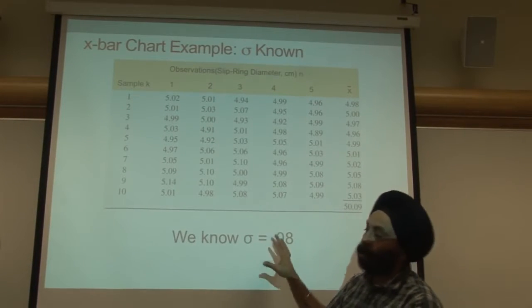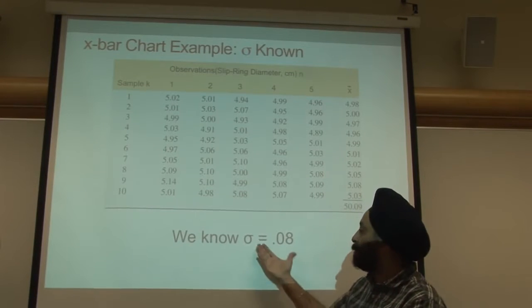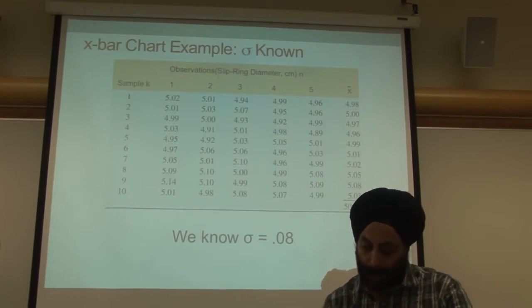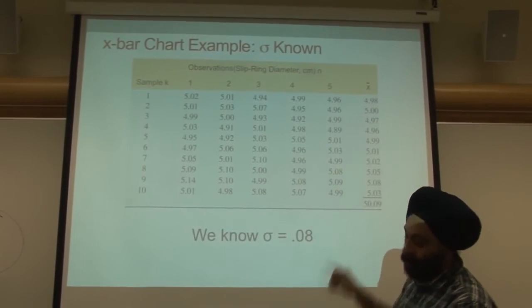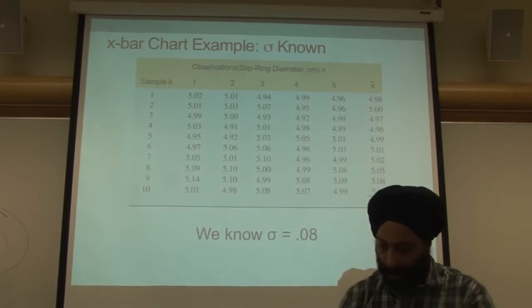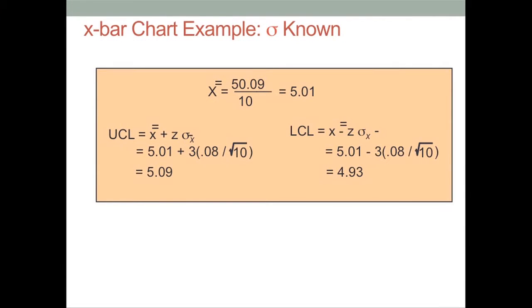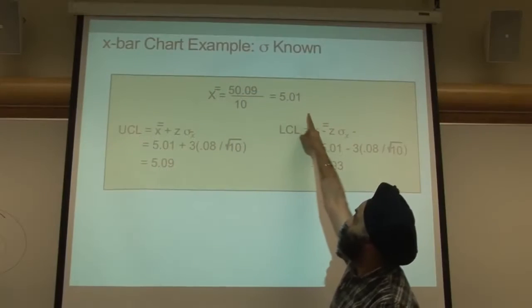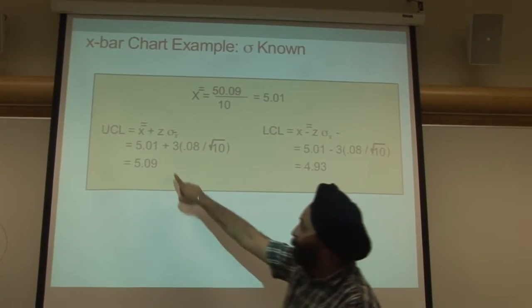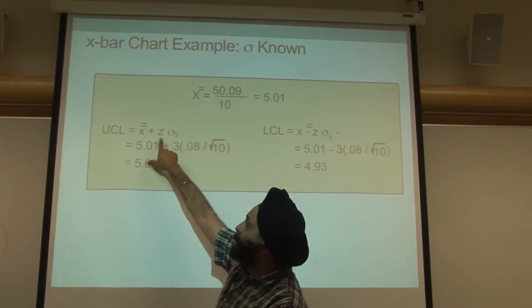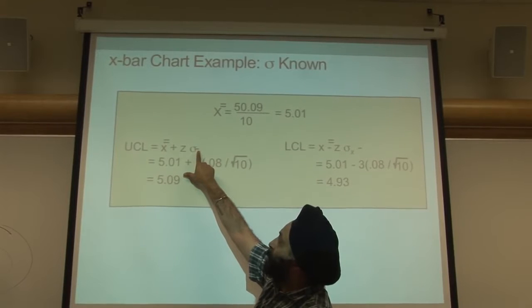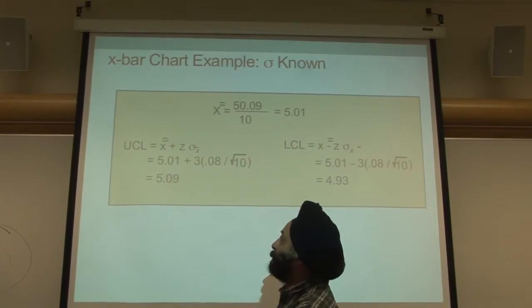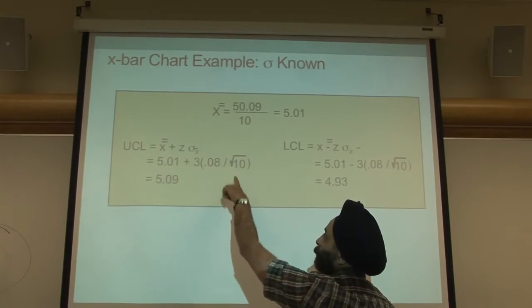If we know the process standard deviation is given as 0.08, then the total of all the averages, 50.09, divided by 10 gives you the process grand average, the average of averages, which is 5.01. So this is 5.01 plus the Z of 3 by default times the standard deviation of the sample means, which is 0.08 divided by the square root of 10.